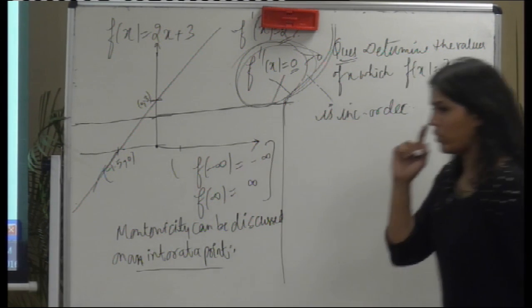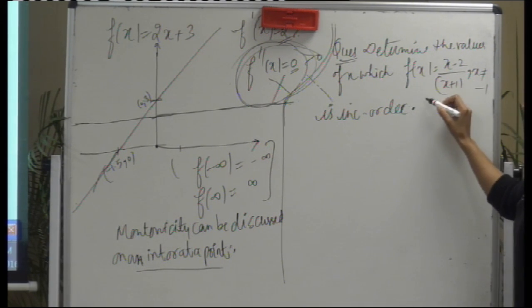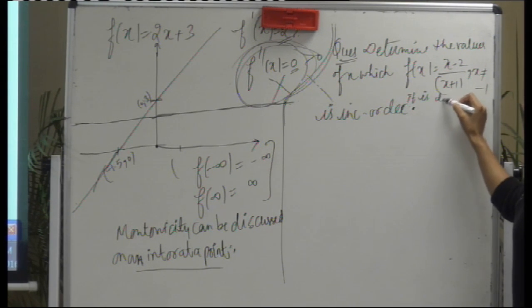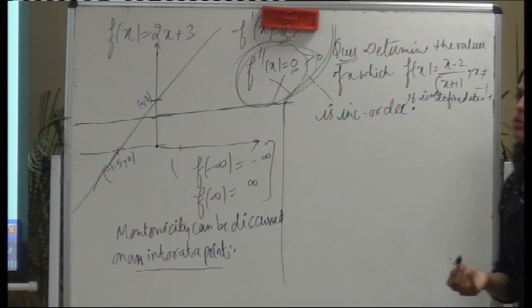So why are we not checking it at x equal to minus 1? It is not defined at x equal to minus 1. It is having value minus infinity.